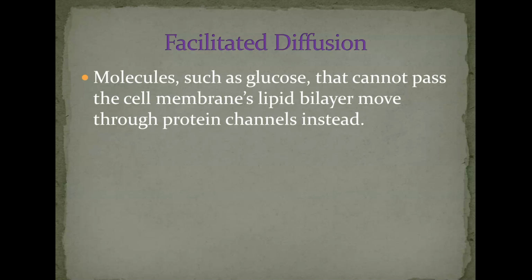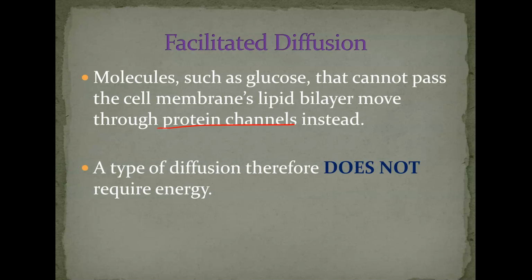Our last type is called facilitated diffusion, and this is molecules like glucose, big molecules that cannot pass through the cell membrane's bilayer, so they have to use protein channels to get through instead. Again, it does not require any energy, but I want you to think of these protein channels like a straw in the membrane.